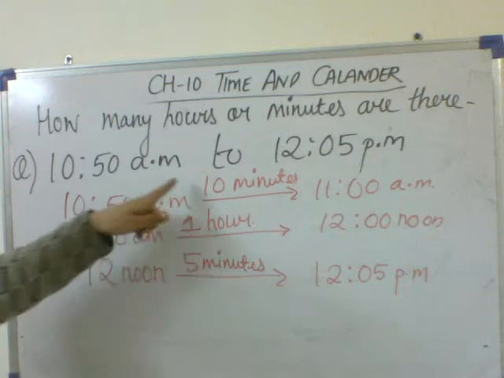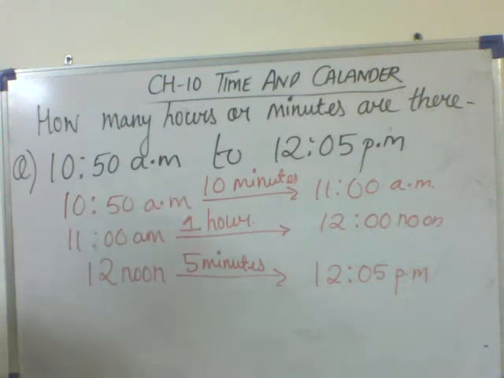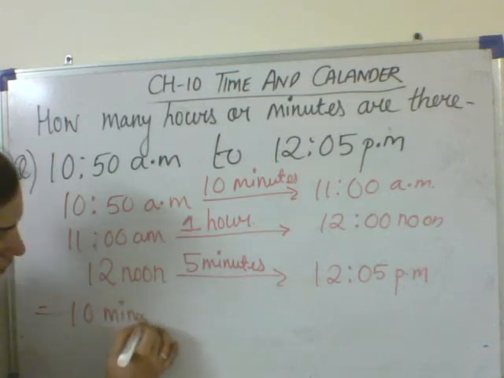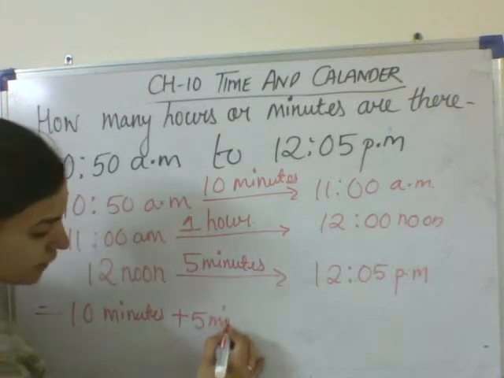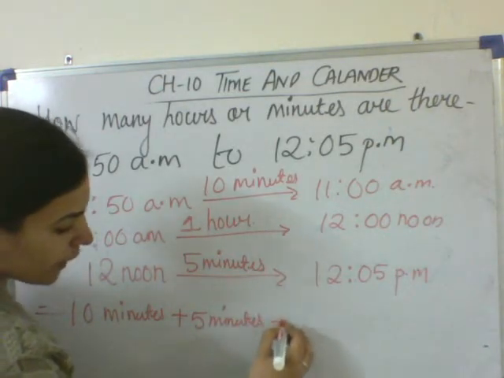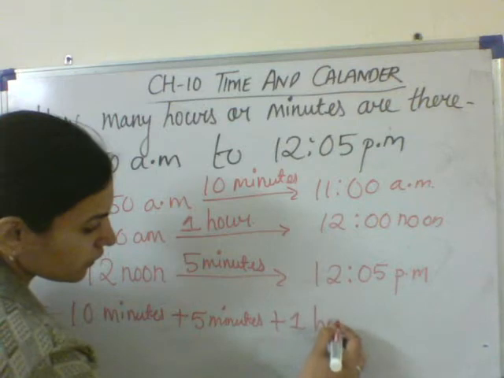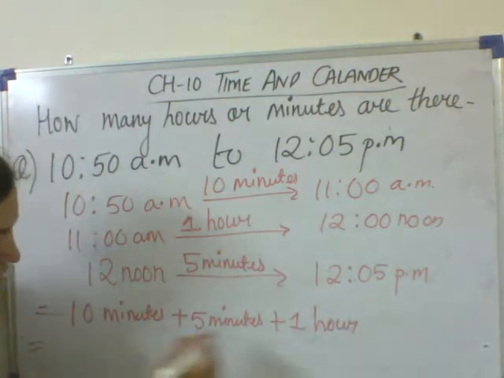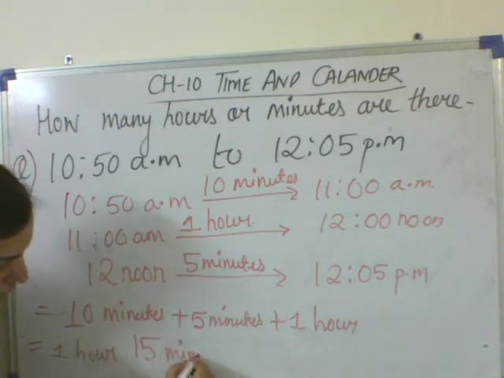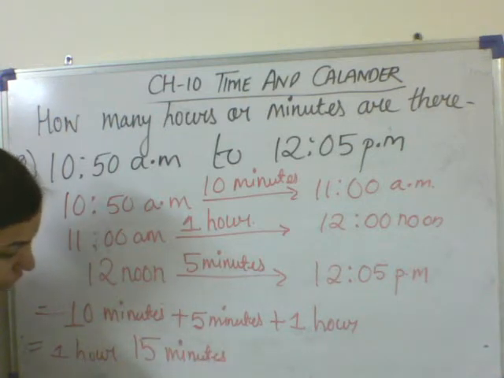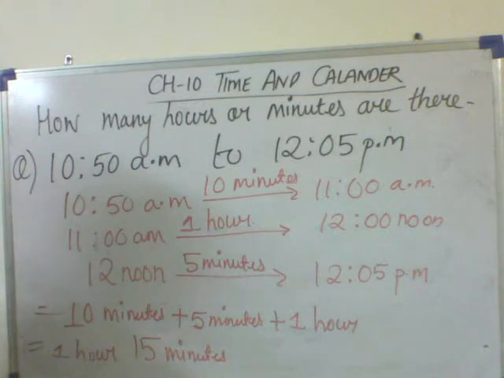So now add all this. We get 10 minutes plus 5 minutes plus 1 hour. So I can write this as 1 hour and 10 plus 5 is 15 minutes. So the time elapsed between the two clocks is 1 hour 15 minutes.